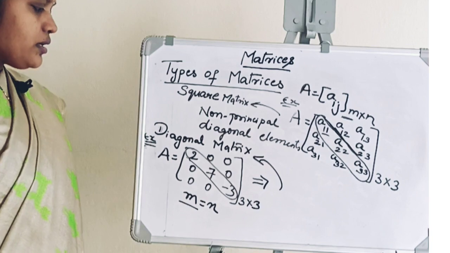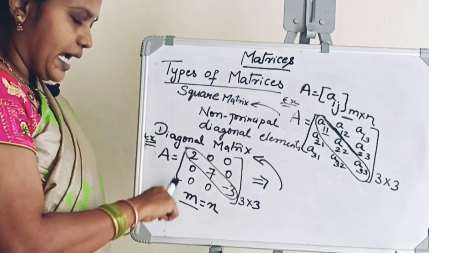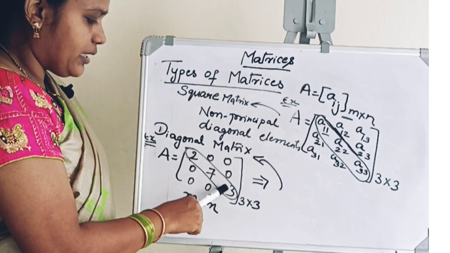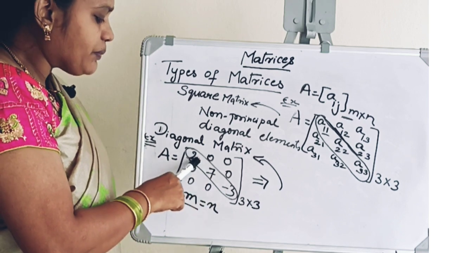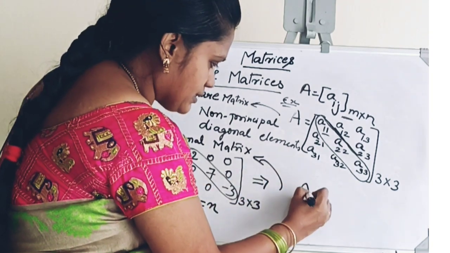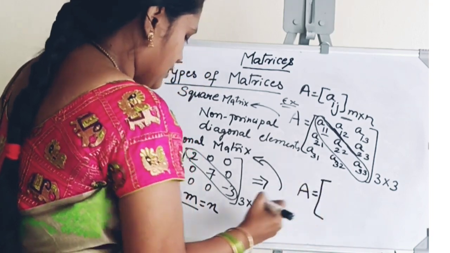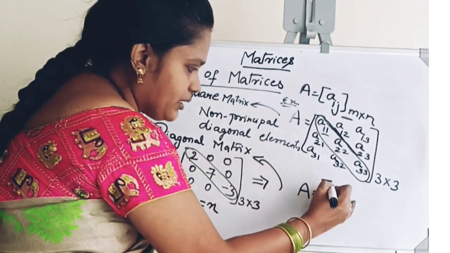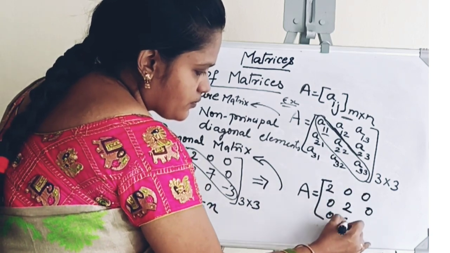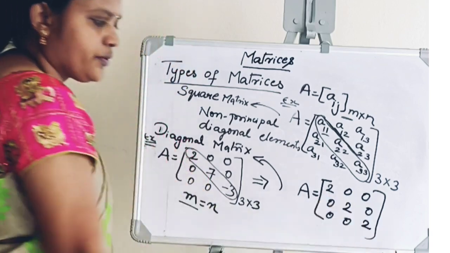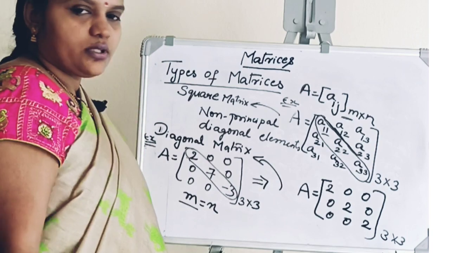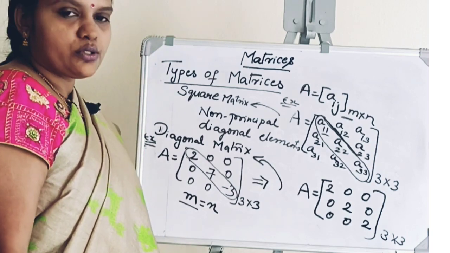Understood? If in a diagonal matrix all the principal diagonal elements are equal, then we call it a scalar matrix. Say, consider this example. Again, this is a 3 by 3 matrix. The number of rows is 3 and the number of columns is also 3.